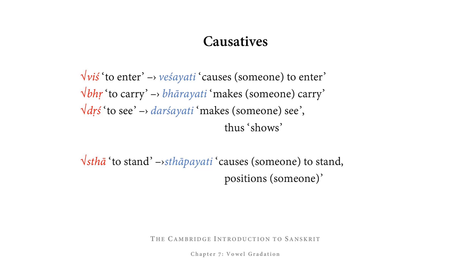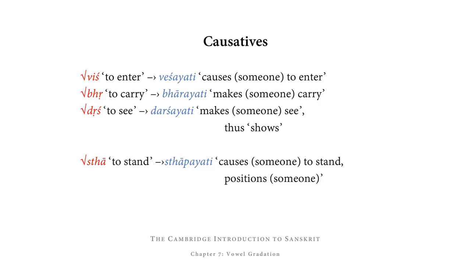Among causatives, we have one formal irregularity, and that is if you have a verbal root that ends in a long A, such as sthā, to stand, then A already is long, cannot be strengthened any further. And if I were to add aya to that, that would just give me sthaya or something like that.